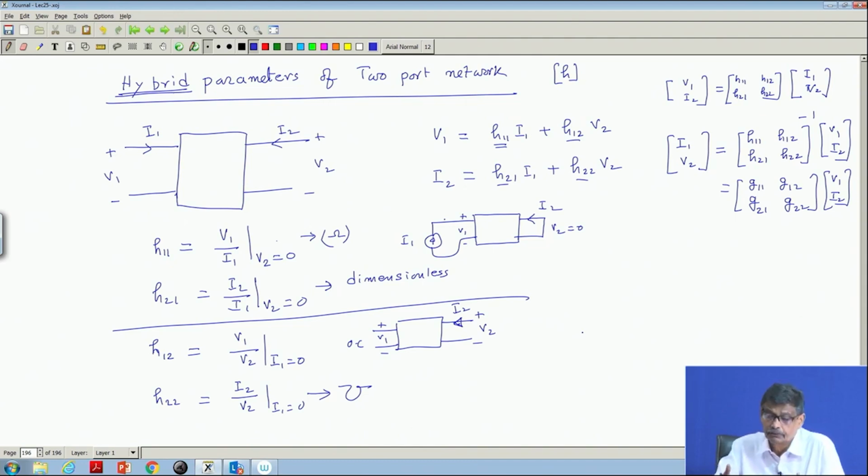Now, the question is when to use, when representing a two port network, which one will be convenient: Z parameter, Y parameter or H parameter. Now, we know it depends upon the situation. Right now, I am not telling that, but these are the various combinations in which input port voltage and currents and output port voltage and currents can be expressed.